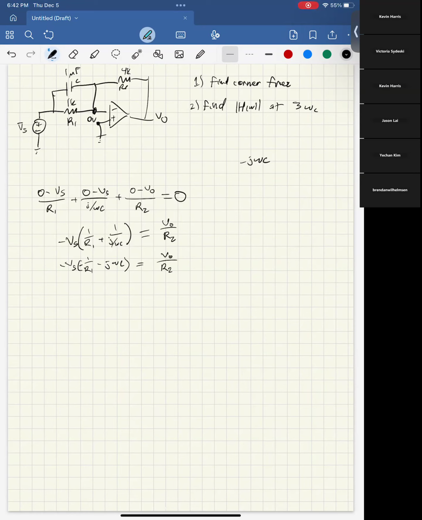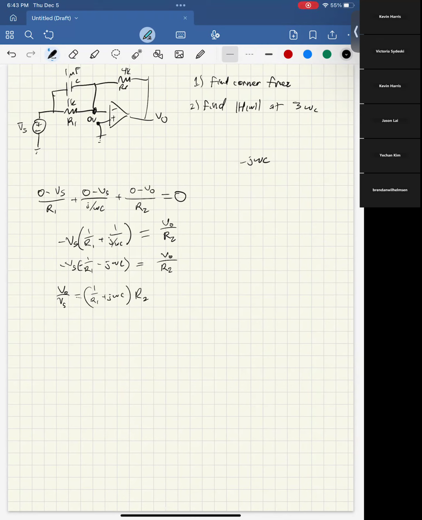And then we solve this for V out over V in, and by V in, I mean Vs, with some algebraic manipulation. If we move this here and multiply that over, these negatives are all going to cancel. So you'd have 1 over R1 plus J omega C times R2.